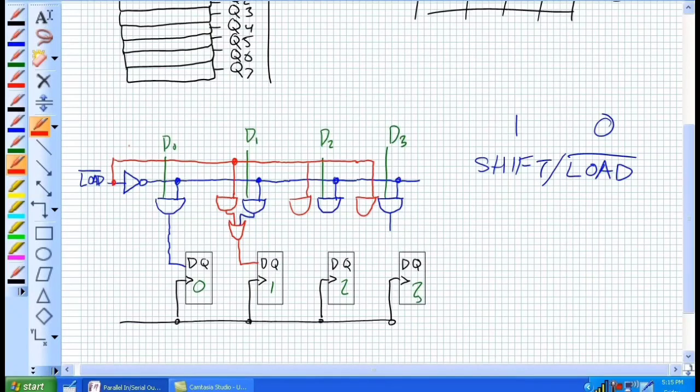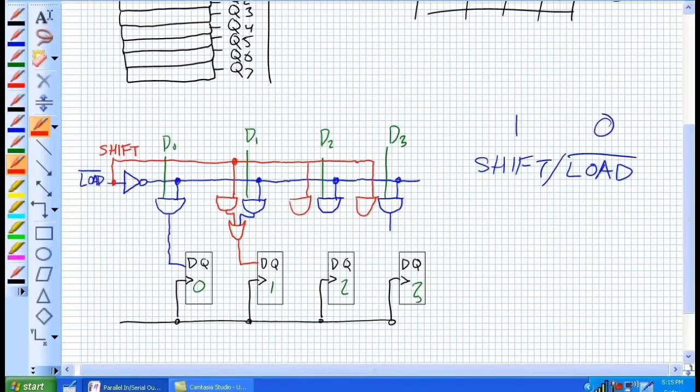Like I said, we've only got one command, shift and active low load. So what's the red? That's shift. In shift, we want to pass the previous stage's Q to the next stage's D. And we do that with these ANDs, ORs.